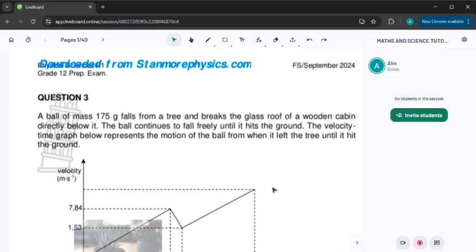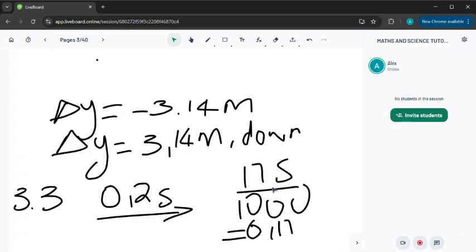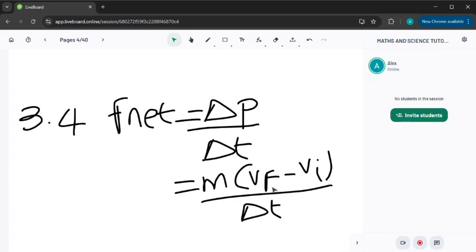So 175 divided by 1000 gives us 0,175 kilograms, right? So you substitute the mass 0,175, but before we can substitute, let's find the final velocity and the initial velocity when the ball was in contact with the ground.